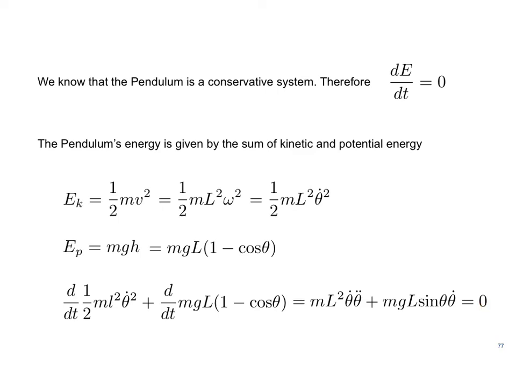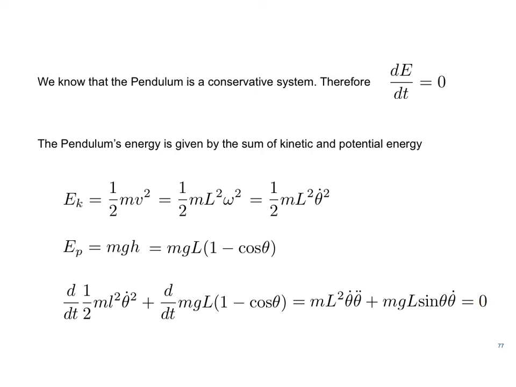And this is what we do here. This is the derivative of the first term and the derivative of the second one. And this is just some simple calculus, and we arrive at 0.